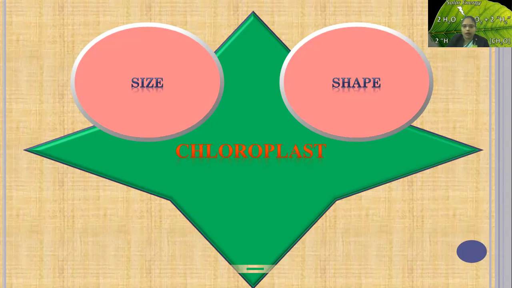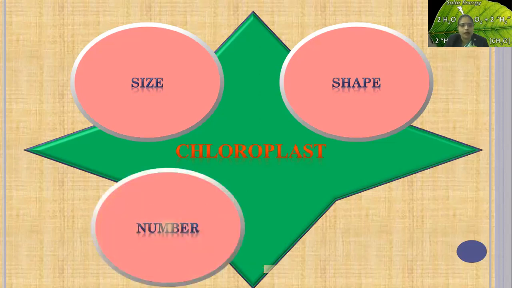Plate-like chloroplast in Chlorella, cup-shaped chloroplast in Chlamydomonas, ribbon-shaped in Spirogyra, star-shaped in Zygnema, and spherical and oval-shaped chloroplasts occur in higher plants. Then the next point is the number of chloroplasts.